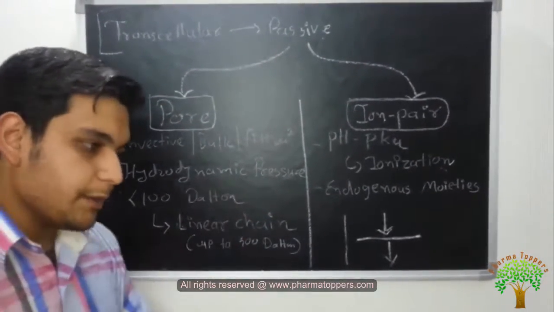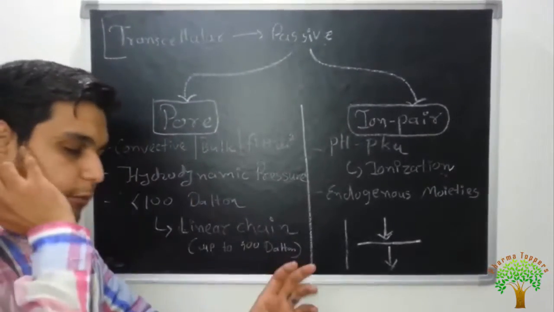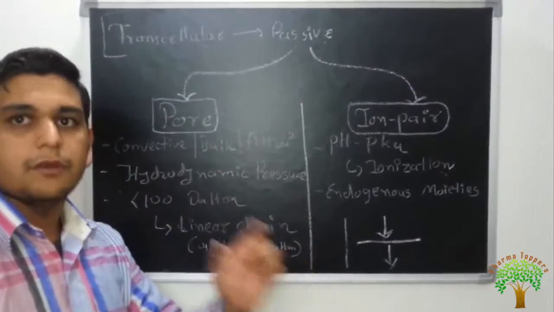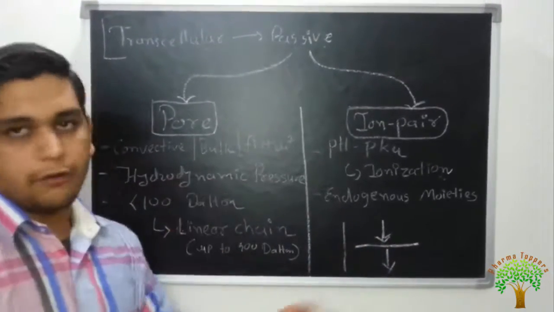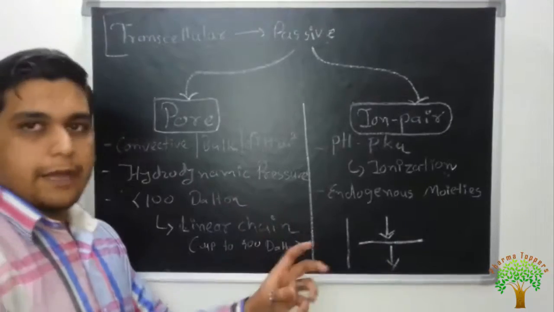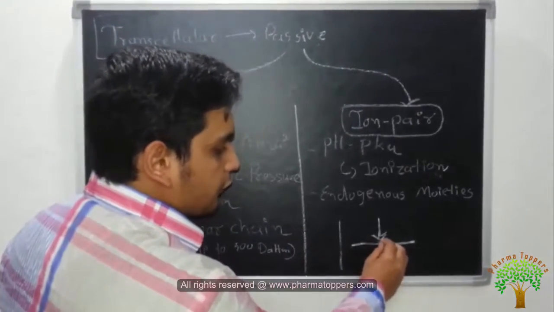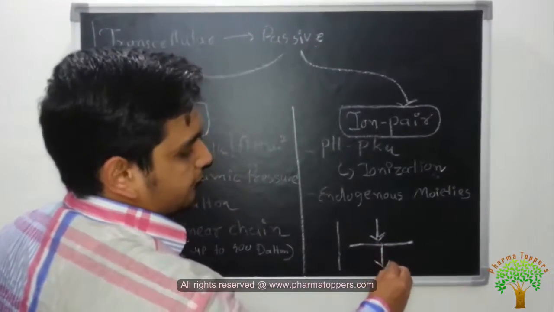Through this semi-permeable membrane, the solvent system will pass. Solvent will pass through the membrane, and generally we know that only solvent will pass. But sometimes these small molecules can also pass through with the solvent.